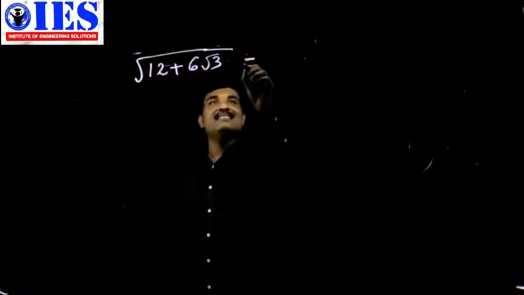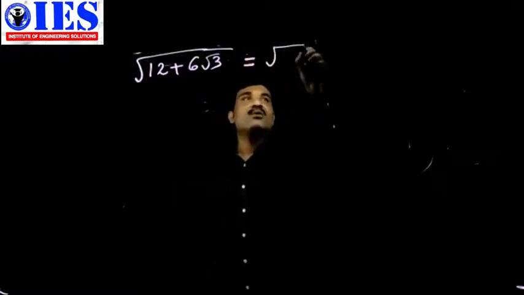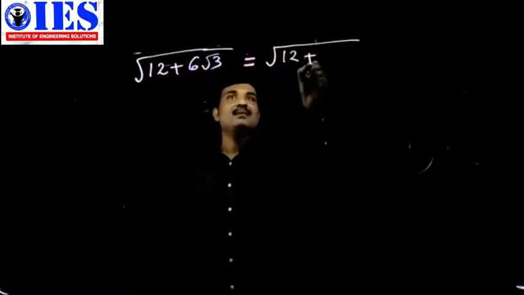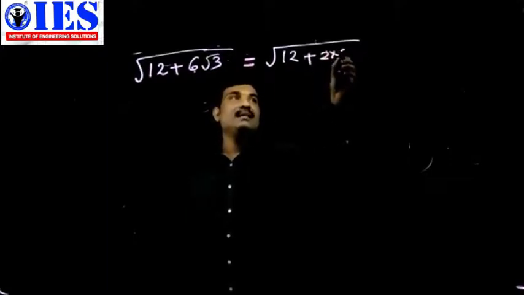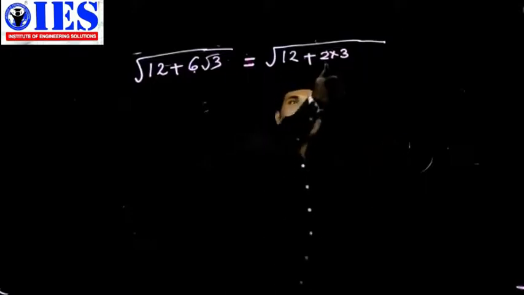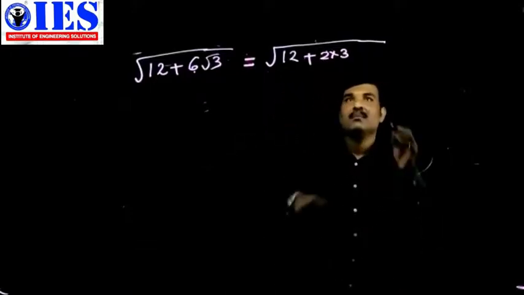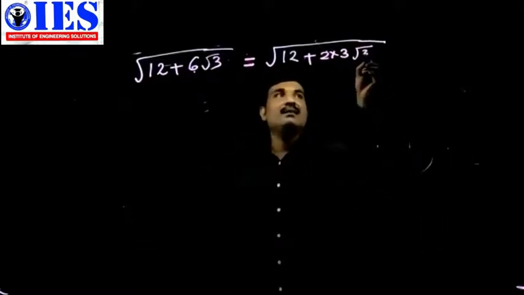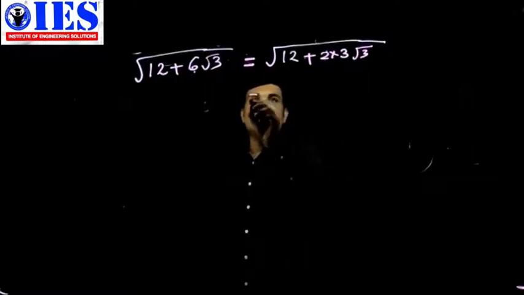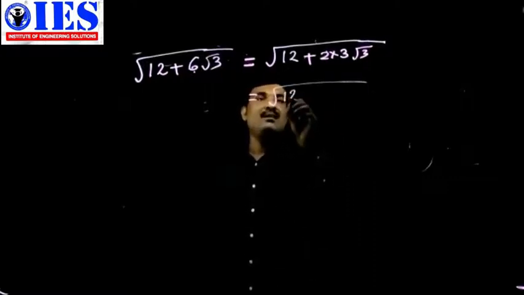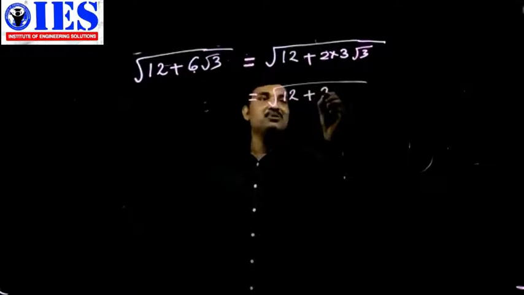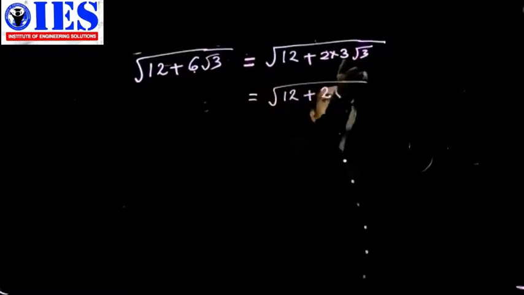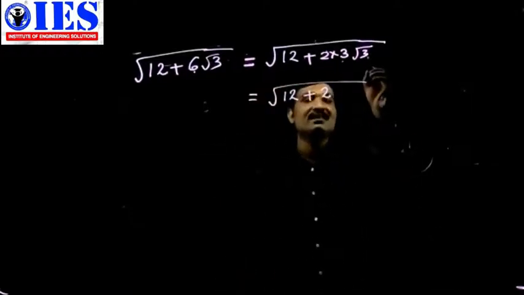We can write this as square root of 12 plus, this 6 can be written as 2 into 3. So we created a 2 here multiplied by root 3. Now this is equal to square root of 12 plus, retaining this 2 here, I'm going to take this 3 inside the square root.